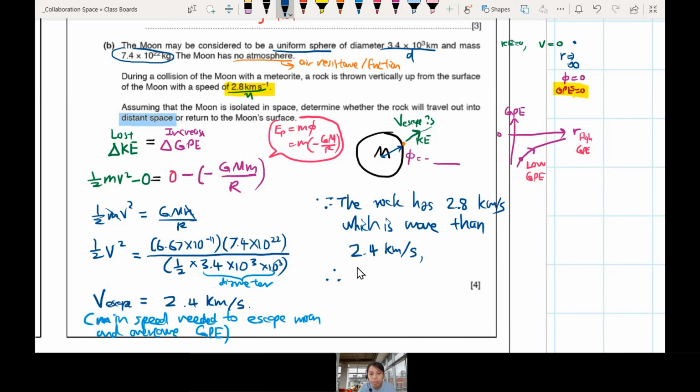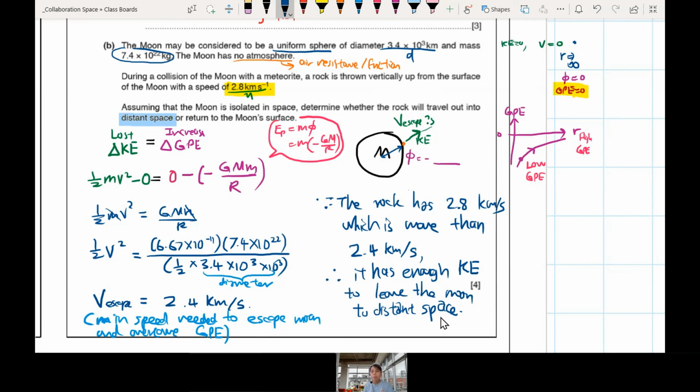Therefore, it has enough kinetic energy, or just energy, to leave the moon for distant space. Distant, D-I-S-T-A-N-T. This is how you conclude, just in case.